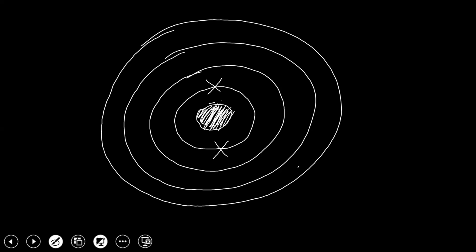Then the second shell after this, and the rest, take a maximum of 8 electrons. When I say maximum, it means it can take 6, 4, 2, or 1, but the maximum should be 8.